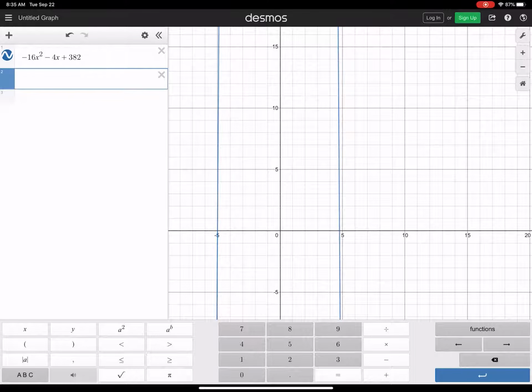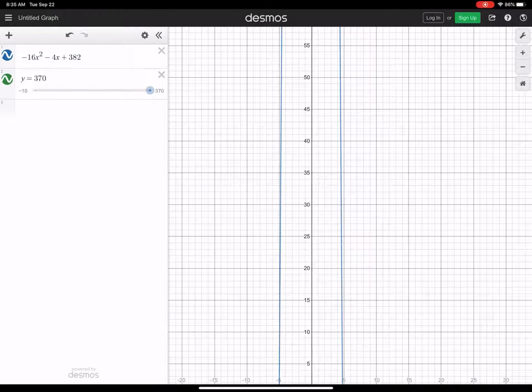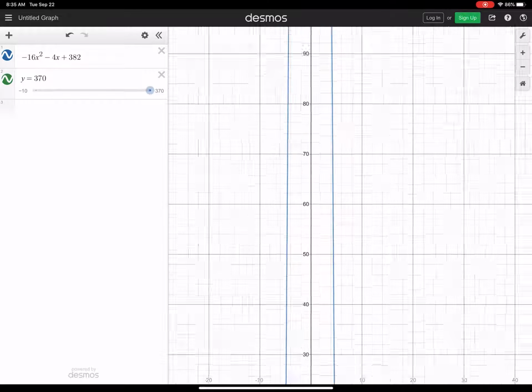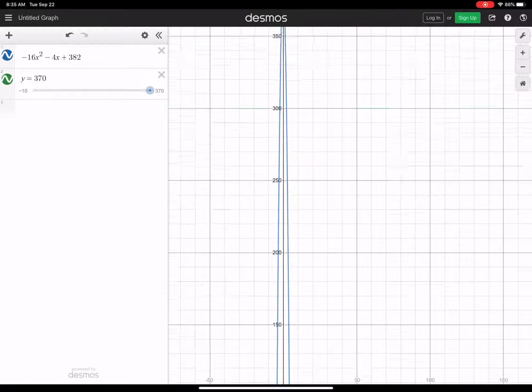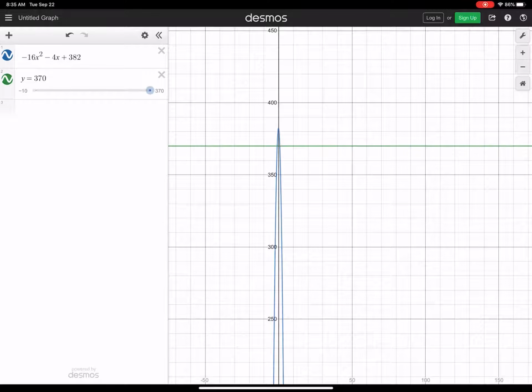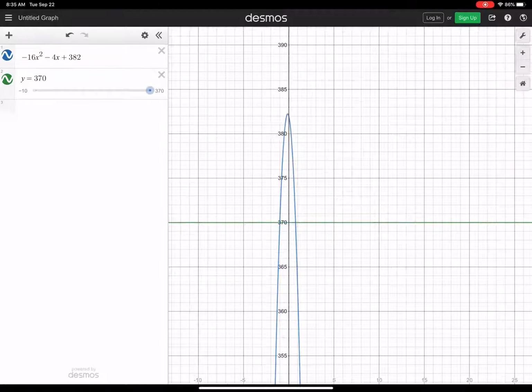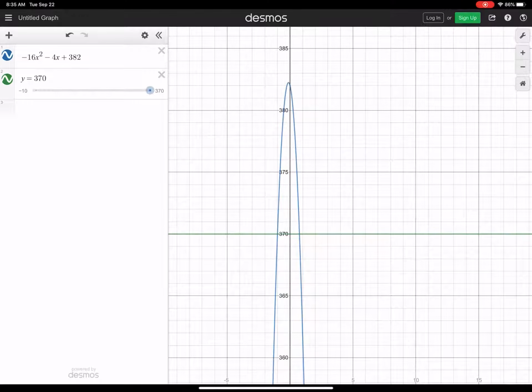It wants to know how long after the rock is thrown is it 370 feet. So that gives us a height, that's a y. When it gives you a height, you'll do y equals whatever the height is. So that's 370. We need to go up to where we can see 370 on our graph. Notice we have one value over here on the negative side. Well, that doesn't make sense to say after negative 1 second.